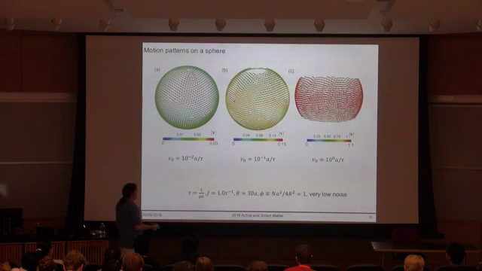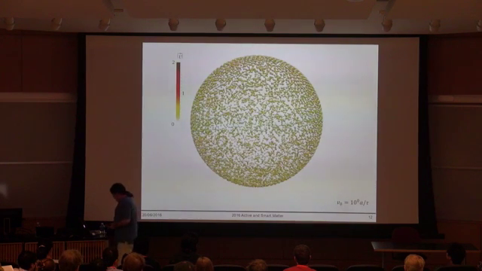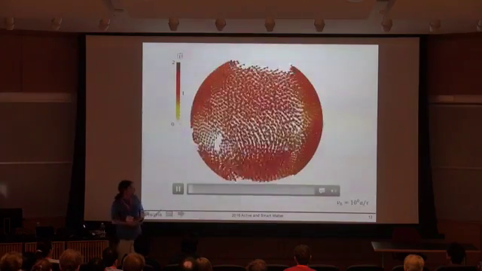You have some kind of frustration where the repulsion wants them to be homogeneously distributed on the surface of the sphere, while the drive wants them to all have the same v naught, which is not compatible with the topology, right? And then here is the movie with 10 times larger driving.